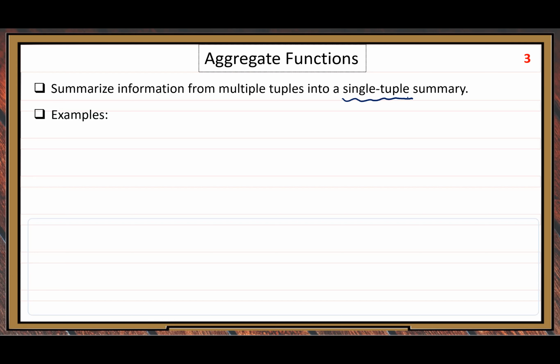First, let's look at a simple example. These are the commonly used aggregate functions. Count the number of rows in a table. Sum: you apply the sum function on a particular attribute, a column in a table.